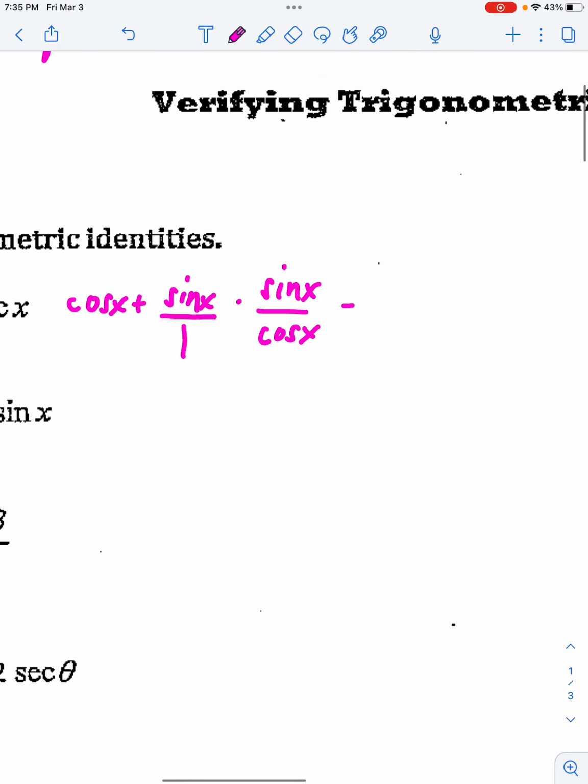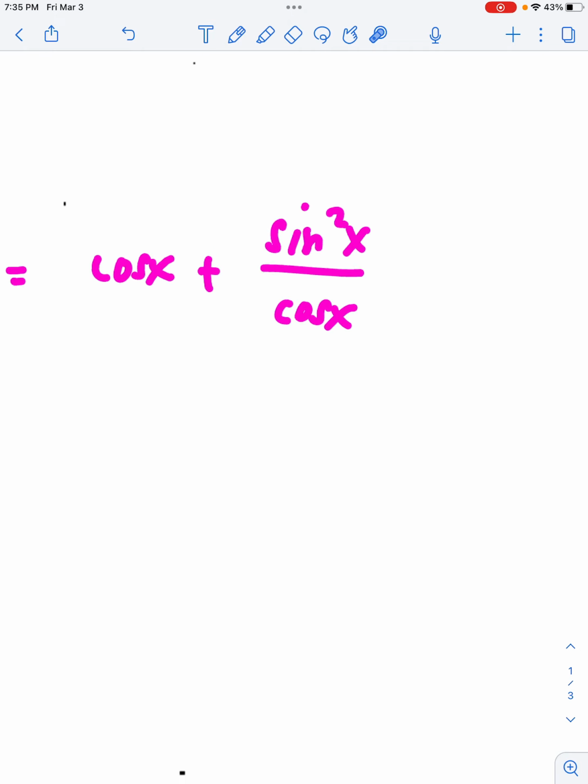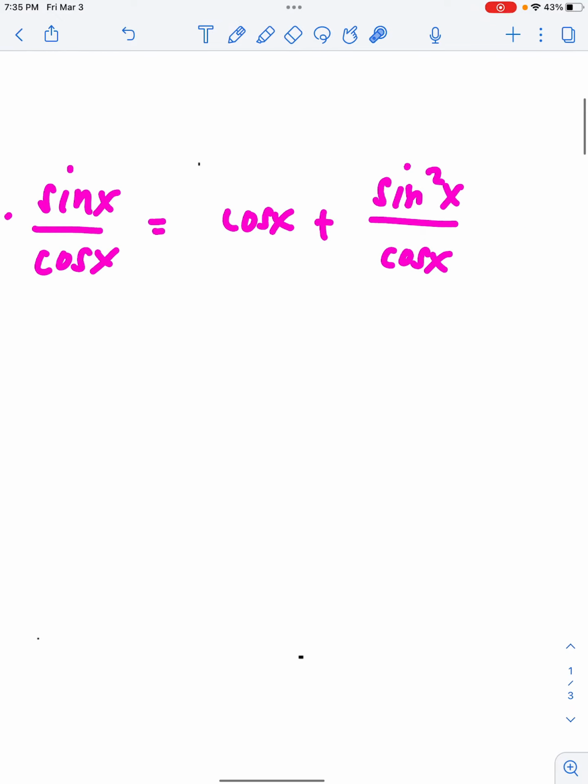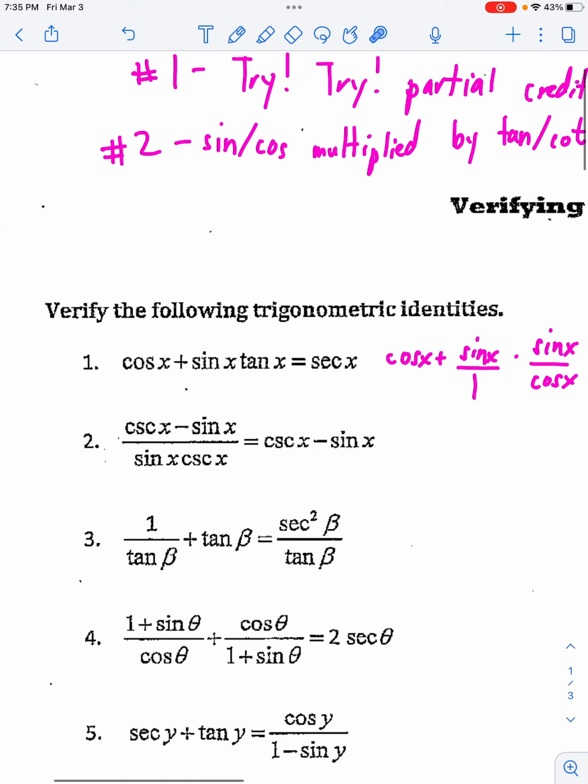So this becomes cosine x plus sine squared x over cosine x. Sine x times sine x is sine squared of x, okay? And then at this point, I can show you guys another tip.